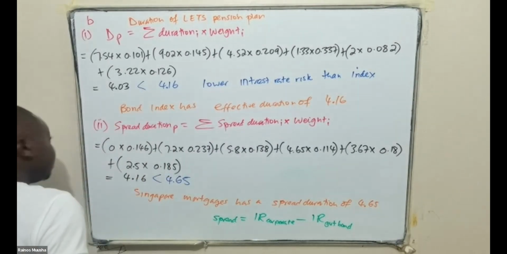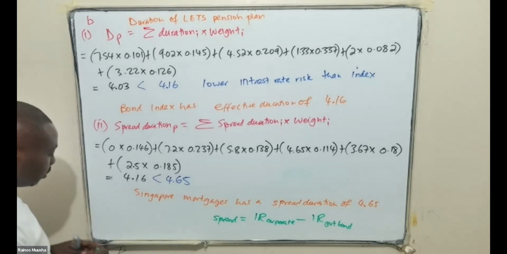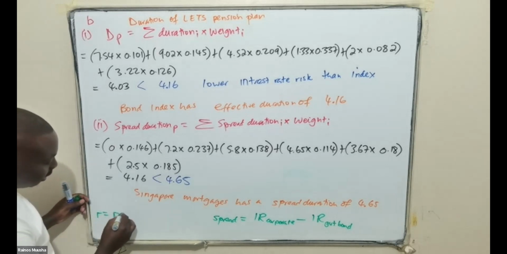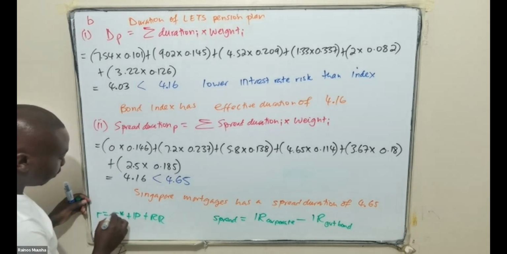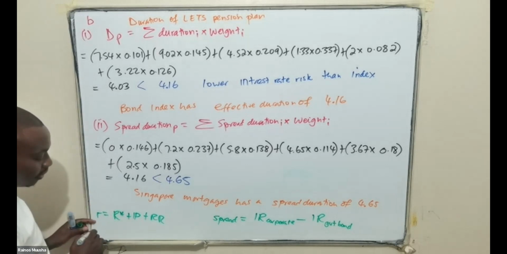So remember, your interest rate as a formula is given as the real risk-free rate of interest plus inflation premium plus risk premium. This will give us the nominal interest rate.